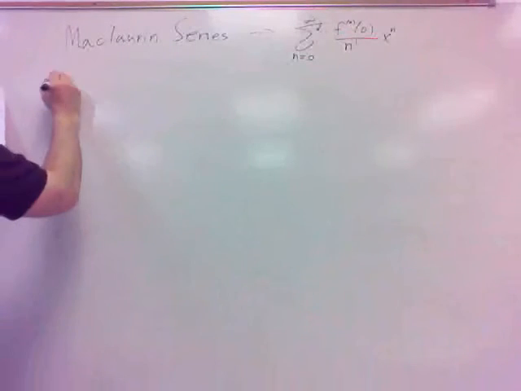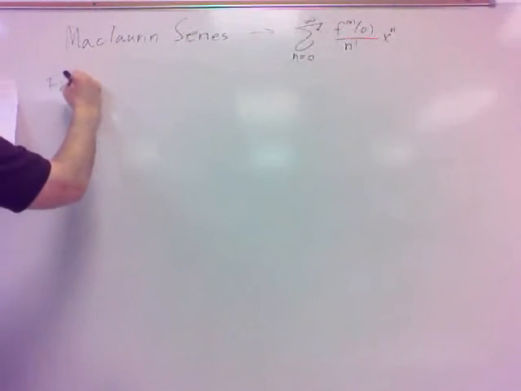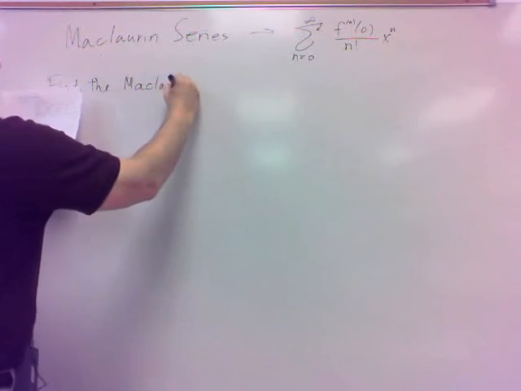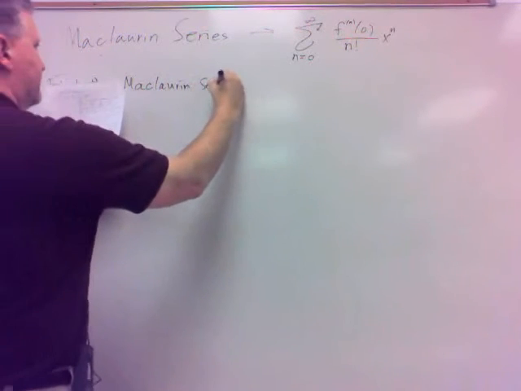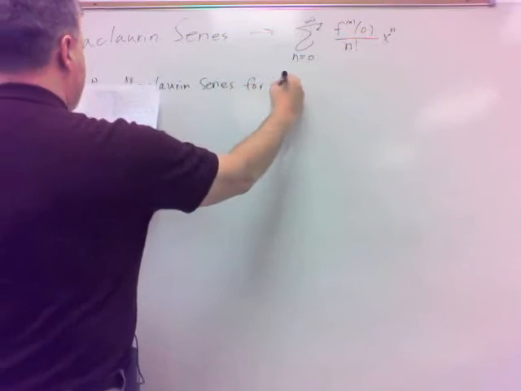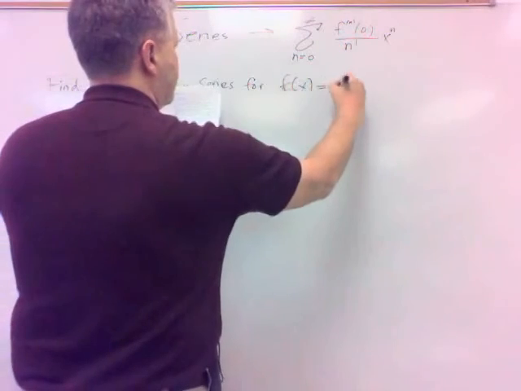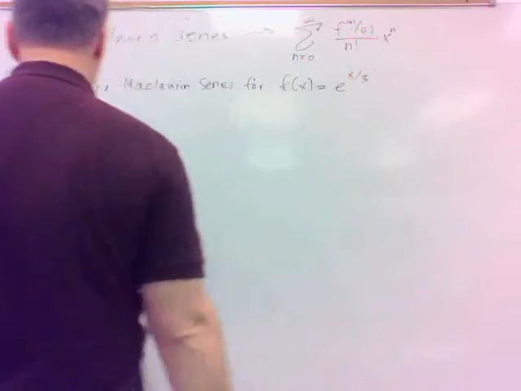Okay, so find the Maclaurin series for f of x equals e to the x over 3.